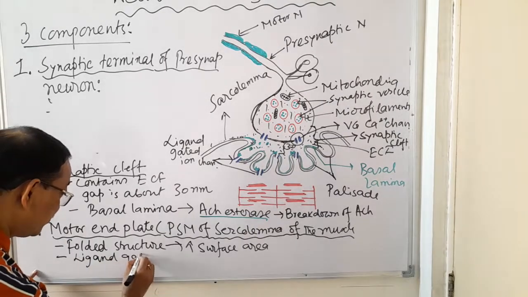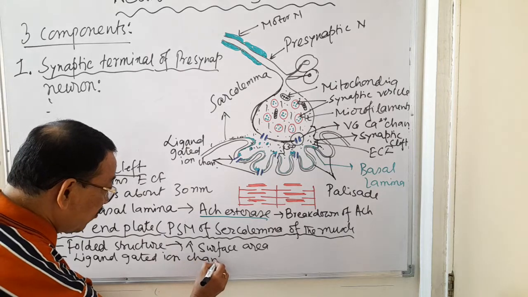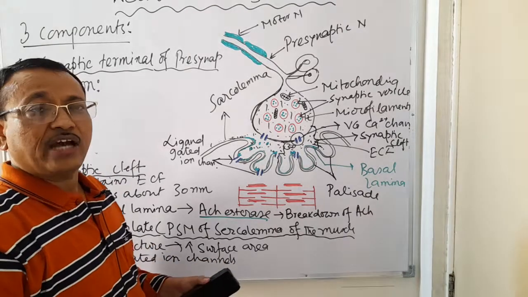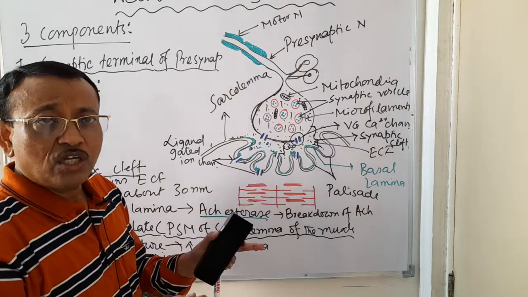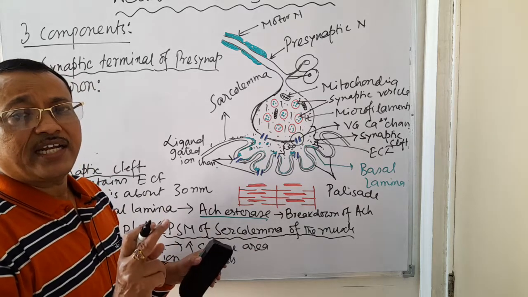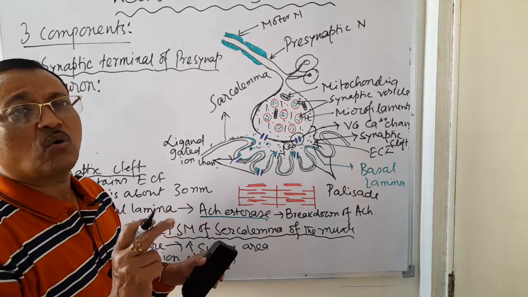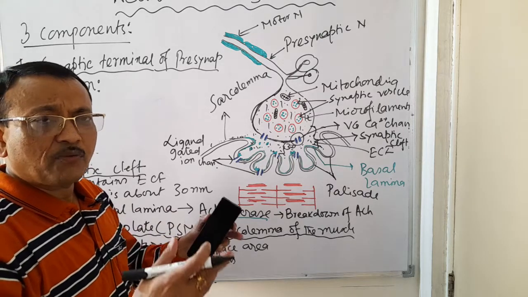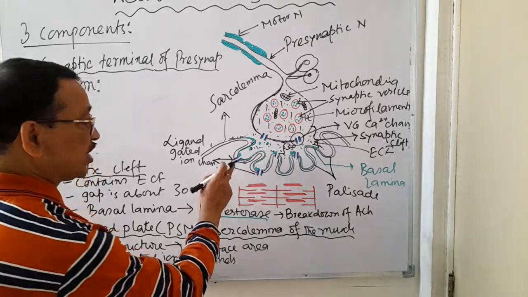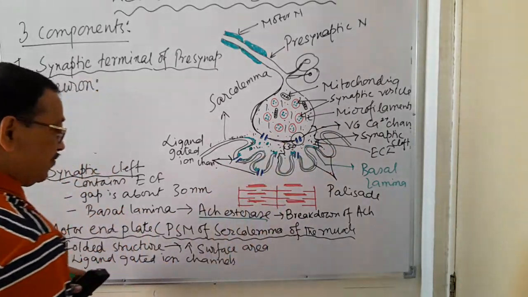Ligand gated ion channels are also present on the sarcolemma, and these may be ligand gated sodium ion channels, ligand gated potassium ion channels, or ligand gated chloride ion channels.